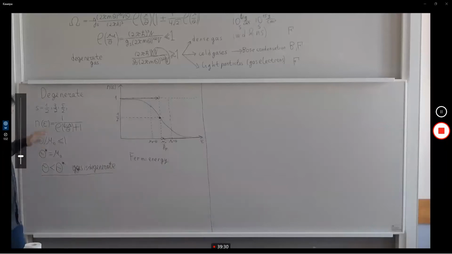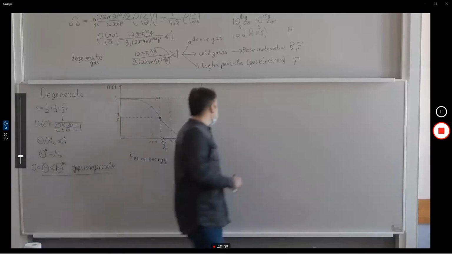I'm going to explain these properties for all the temperatures in the range from theta equals 0 to the temperature of degeneration. In some cases, it may be convenient to consider zero temperature and later non-zero temperature. I want to consider all this range of temperatures at one time.